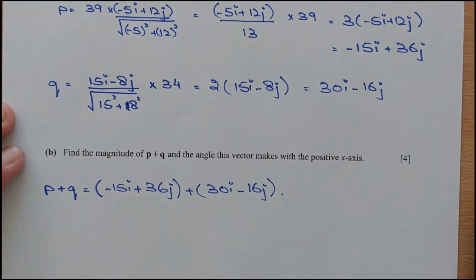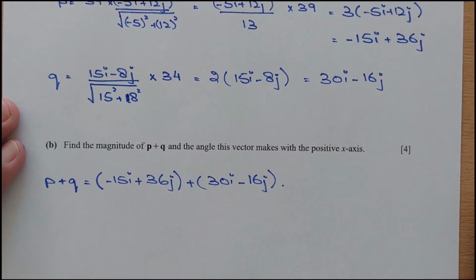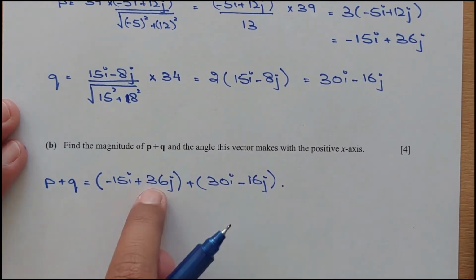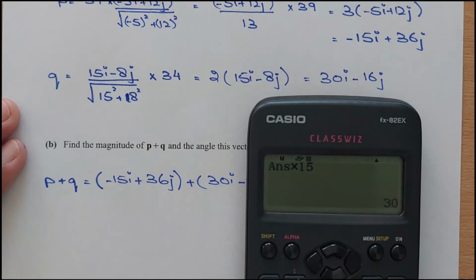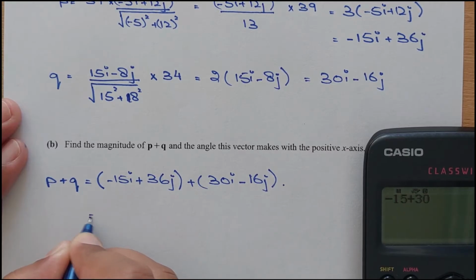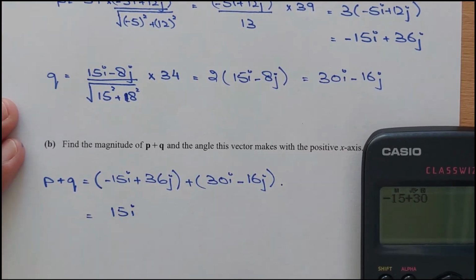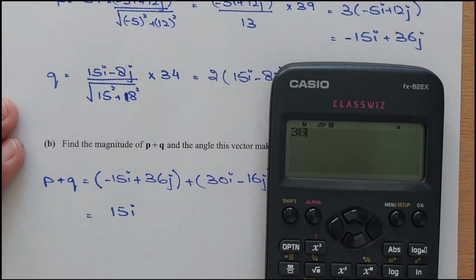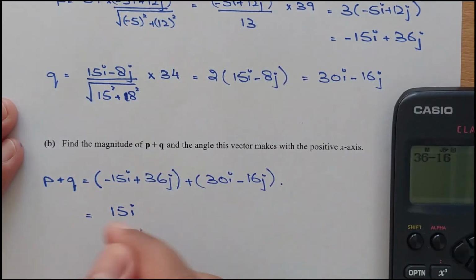When we add the two vectors, we add component-wise, i component with i and j component with j. So minus 15 plus 30 is positive 15, 15i, and from 36 subtract 16, we have 20j.